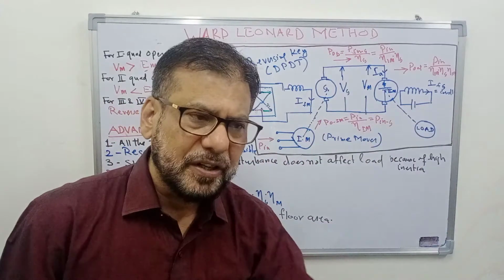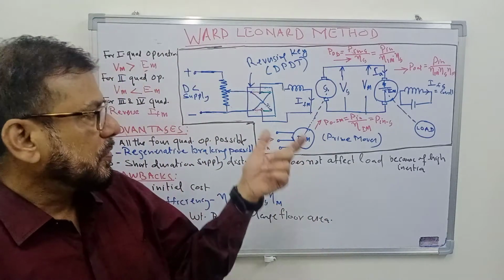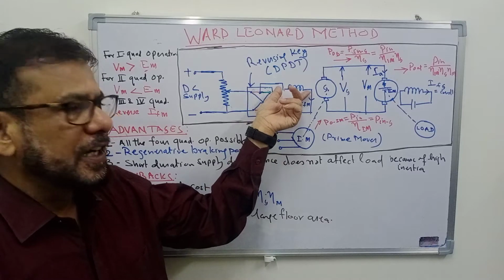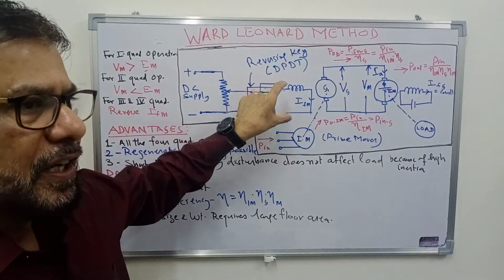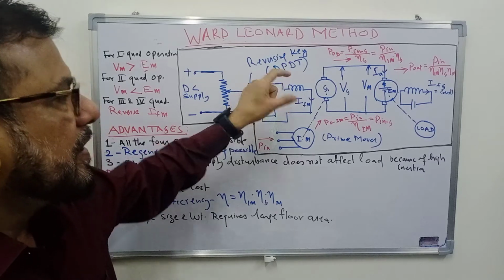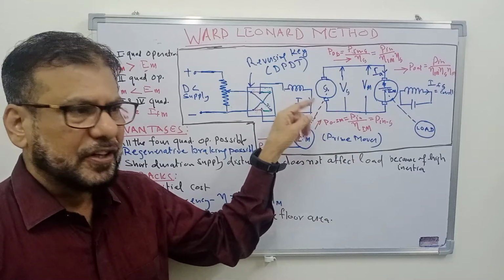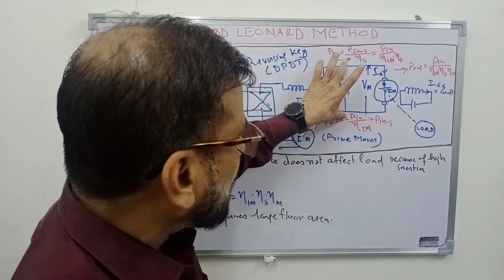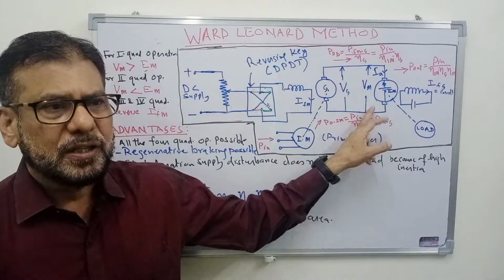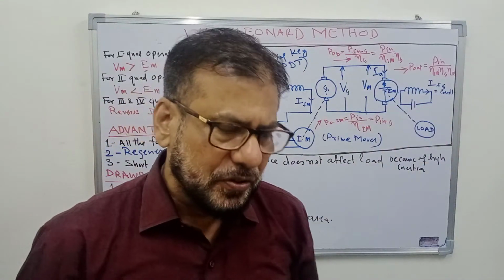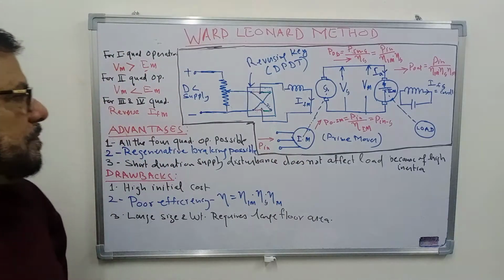So voltage of a generator will be proportional to the flux, which in turn will be proportional to the current in the field winding, or the voltage across the field winding. So if you vary this voltage, it will vary the current in the field winding. This will vary the flux in the DC generator. That will change the output voltage of the DC generator. That will change the input voltage of the DC motor, and its speed will change. So this is the basic philosophy behind this scheme.